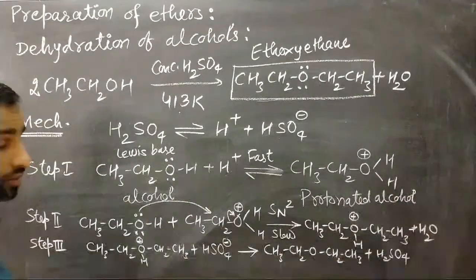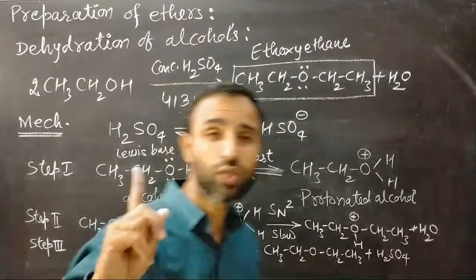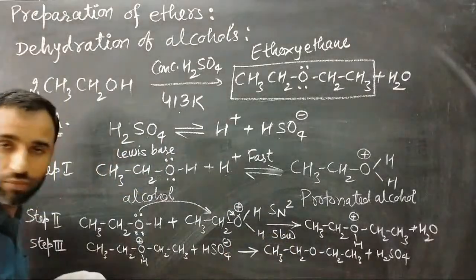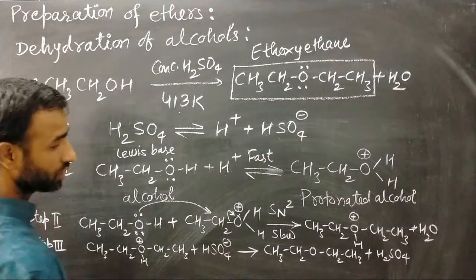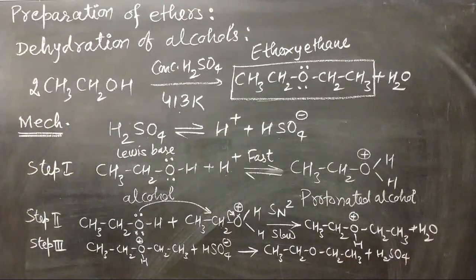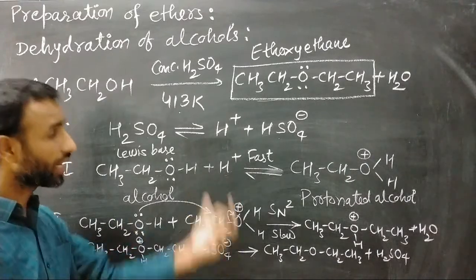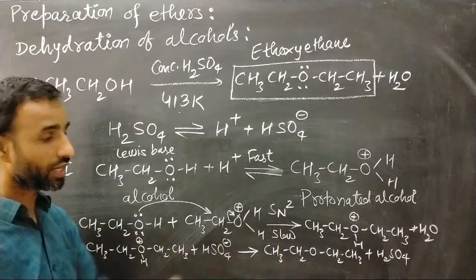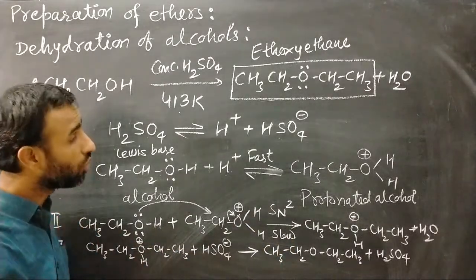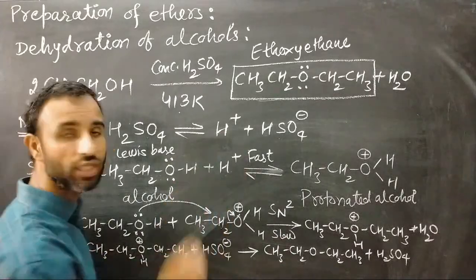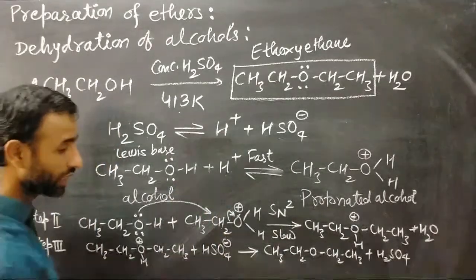No carbocation is formed in this process. And sometimes, instead of this HSO4 negative, alcohol can be used here, and we get again protonated alcohol. So a small amount of acid is enough to catalyze the whole reaction.